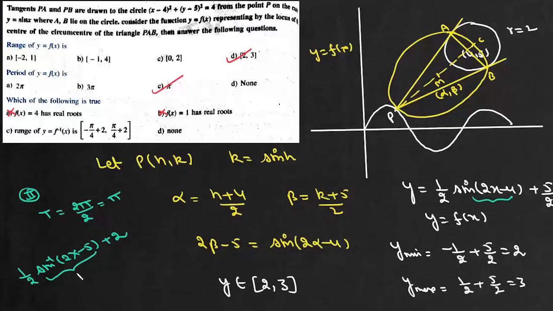The minimum value of sine inverse is minus pi by 2. So its minimum value is 2 minus pi by 4, and its maximum value is when sine inverse x is pi by 2. So it will be 2 plus pi by 4. So the range of its inverse function is from 2 minus pi by 4 to 2 plus pi by 4. That means this option C is correct. So the correct option is option C.